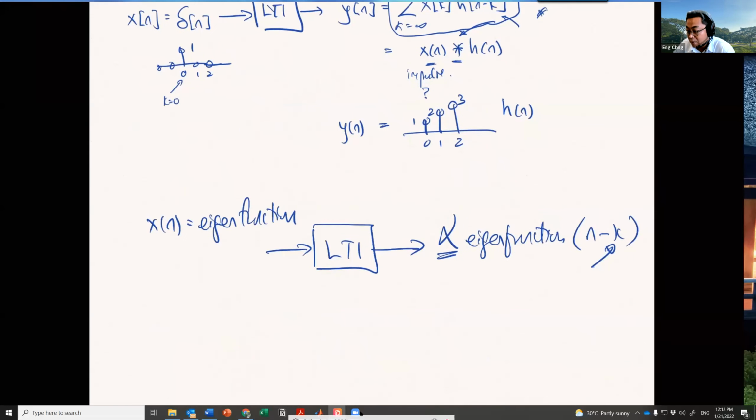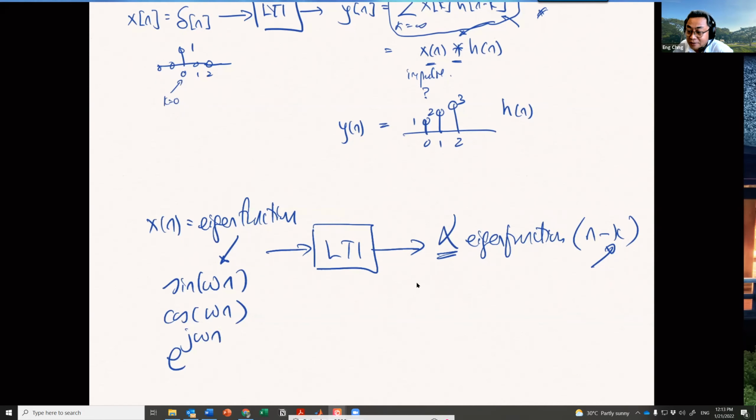So there are functions that when you pass through an LTI system, will be scaled and phase shifted. What are the functions do you think these are? And you realize sine omega n, cosine omega n, and exponential j omega n are eigenfunctions.